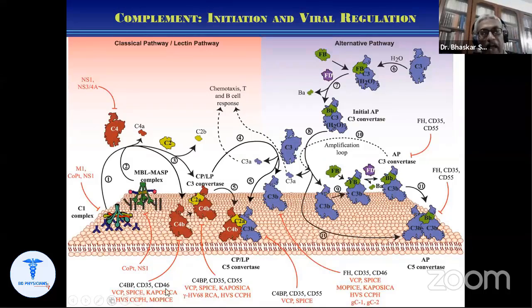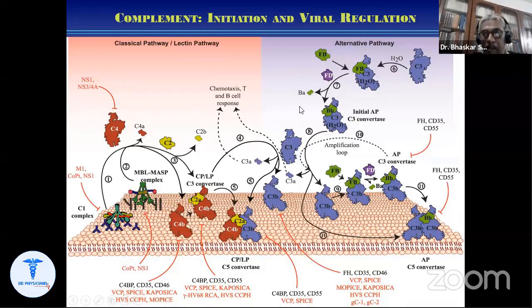And then there are other molecules from many different viruses that target different molecules of the complement cascade. For example, here C2a and C4b are targeted by these different viral proteins, and here C3b, and so on.